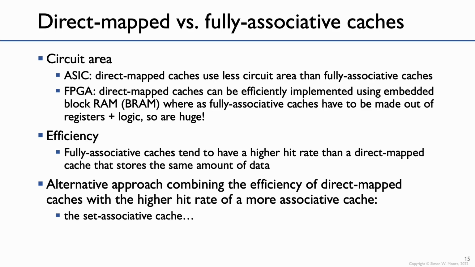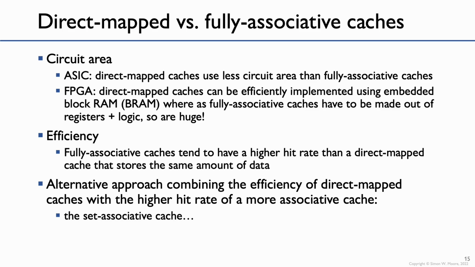On FPGA though, there are typically no fully associative memory blocks provided inherently by the FPGA fabric, so you basically got to fabricate it out of lookup tables and D flip-flops, and that ends up being just enormous. On the other hand, FPGAs do have block RAM, so they have lots of small SRAM blocks, and they're ideal for making a direct mapped cache.